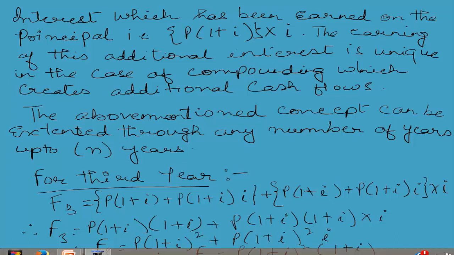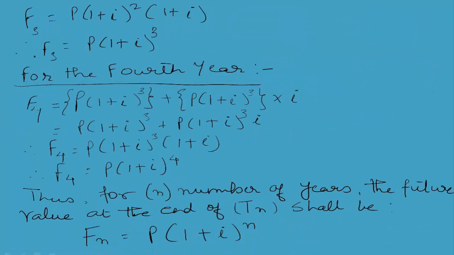Now again at the end of the third year, F3, on further simplification we find that P(1+I) whole square is taken common, and we are left with 1 plus I. So P(1+I) whole square into 1 plus I. So finally what we get, P3 is equal to P(1+I) whole square into 1 plus I, which again reaches a condition wherein, since the base 1 plus I is common under both cases, the powers are being added, that is 2 and 1 is equal to 3.